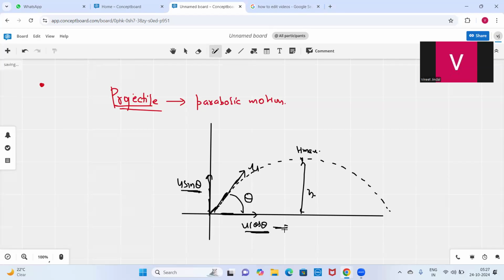So we make an assumption that acceleration along the horizontal direction is zero. So being acceleration is zero, the horizontal velocity remains constant throughout the motion.